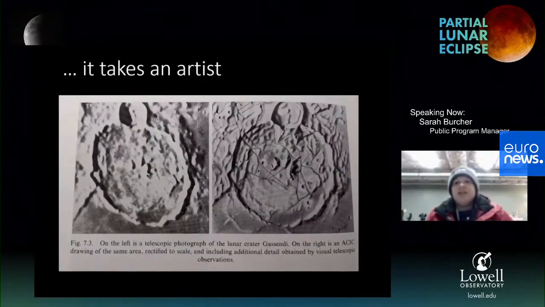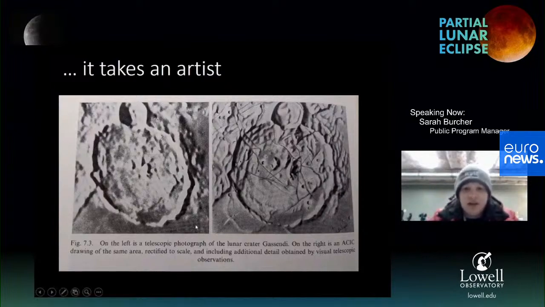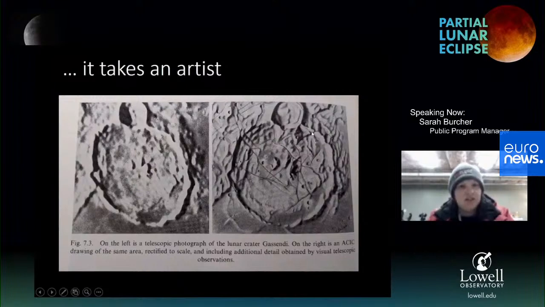So I just wanted to show a direct comparison of one of the ACIC maps and just a camera picture taken of this crater Gassendi, I guess. So no single image can create what it took an artist to do.